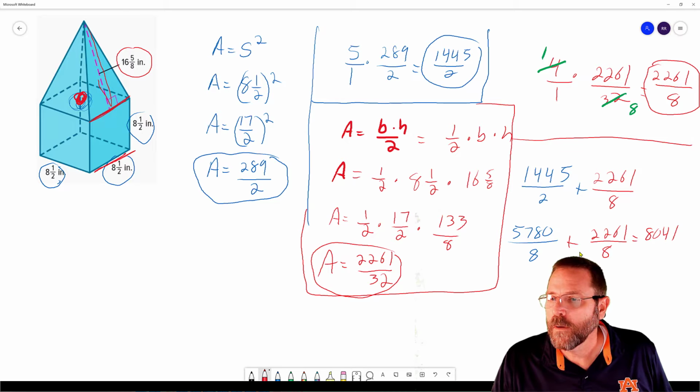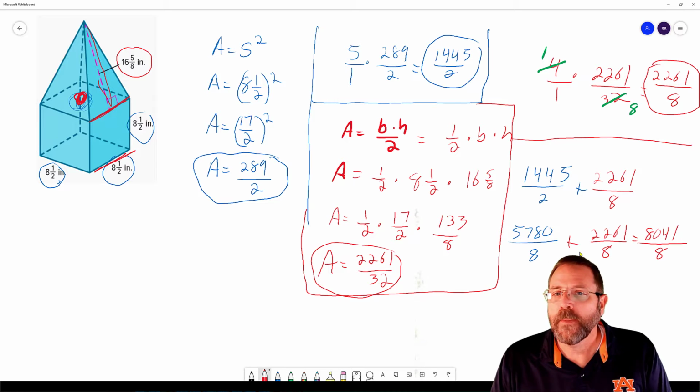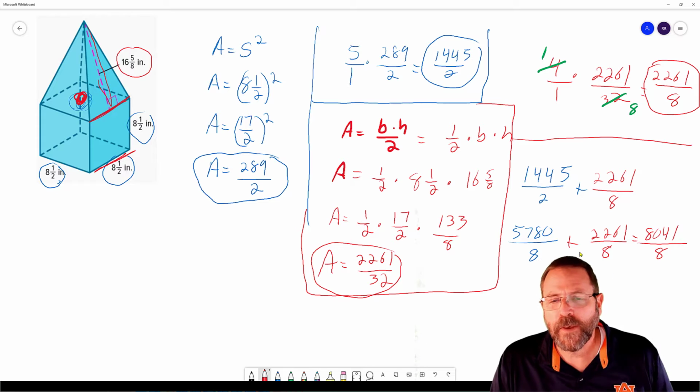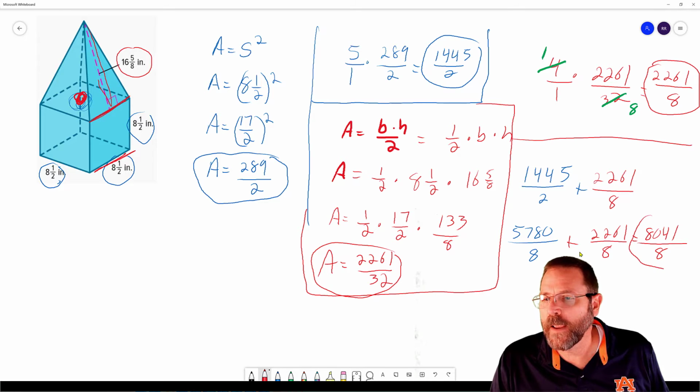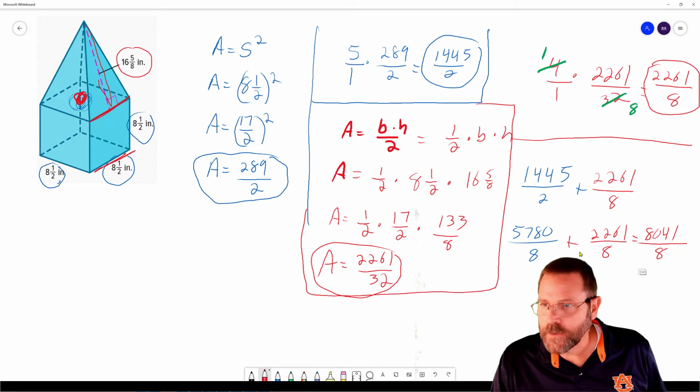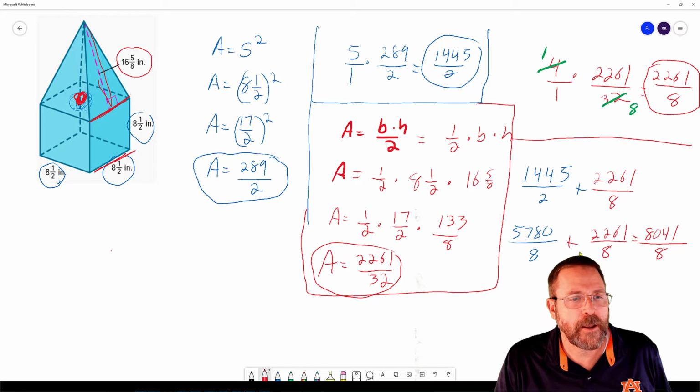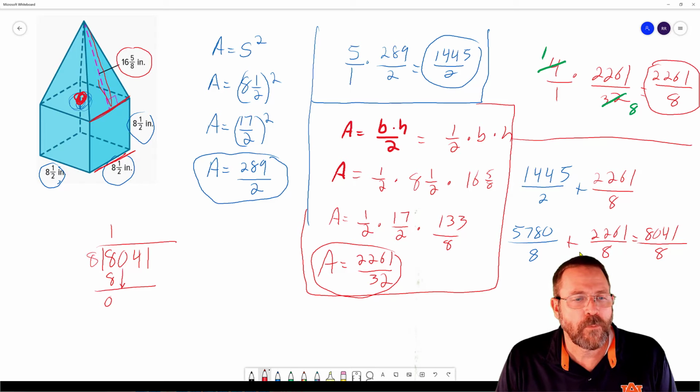8041 divided by 8, and that one we still need to divide out. Now that's going to be pretty easy to divide out by hand, so let's take and just come off to the side here and do that. 8041 divided by 8. 8 goes into 8 one times, which is 8 with nothing left over. Bring down your 0. 8 goes into 0 0 times.